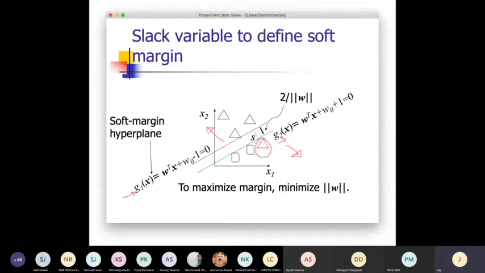So the sum total of the slack variable values should also be minimized. This is the new problem statement, where the slack variable is incorporated in the conditions, as you can see.